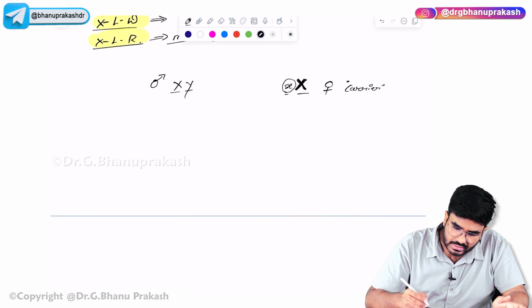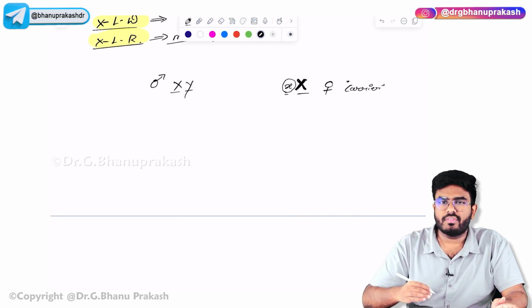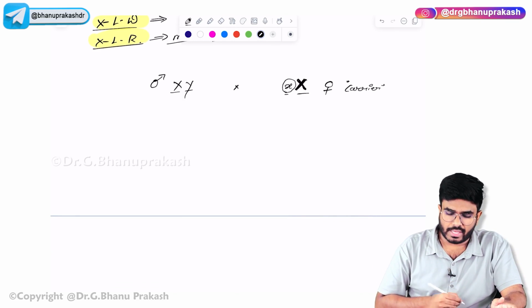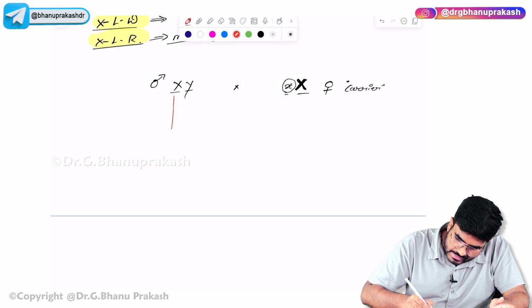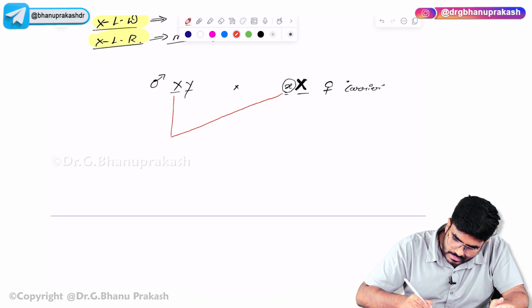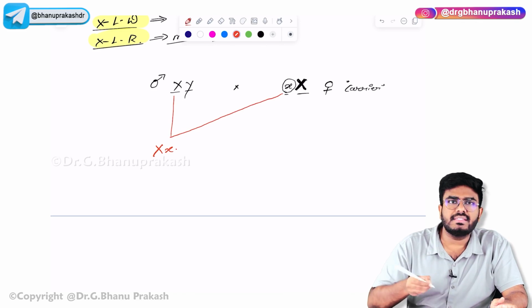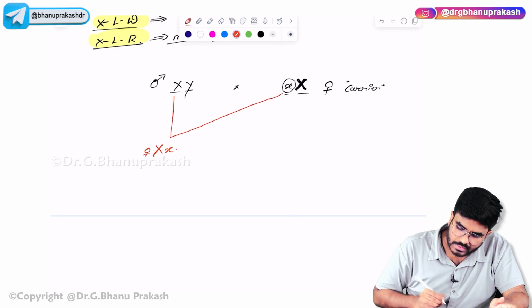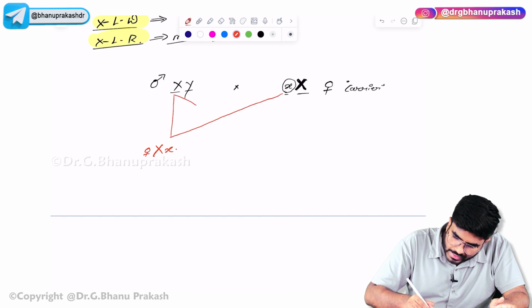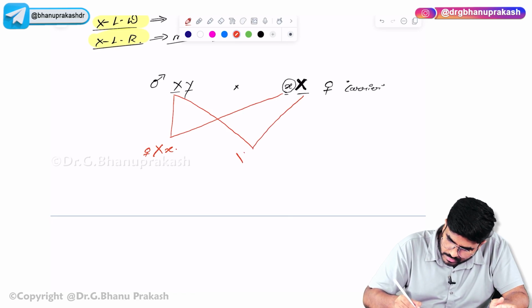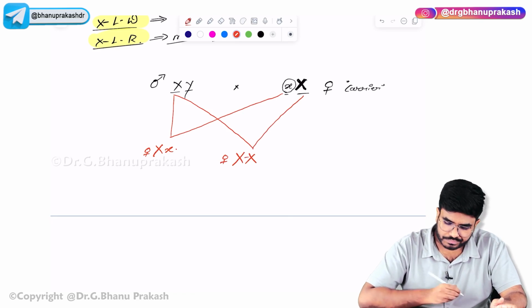Now whenever this couple has children, what happens? Look, this capital X and this small x, XX means female, this is a female child. One capital X and another capital X, this is also female, no issue.